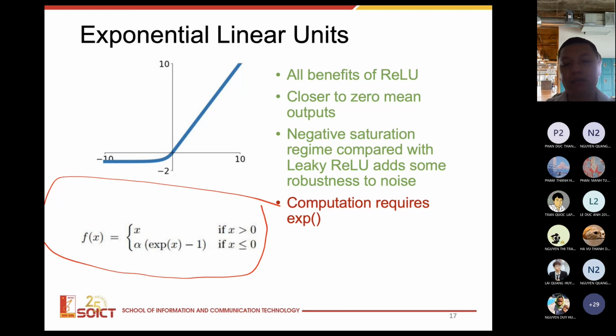And the computation is a little bit expensive because it requires the exponential power. It has the benefit of output close to zero mean. Okay, negative saturation.